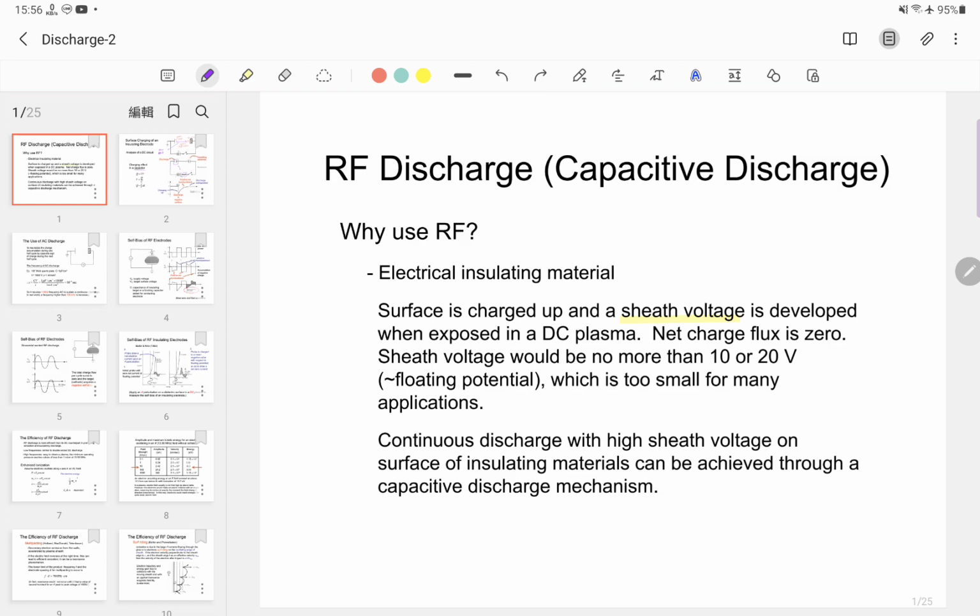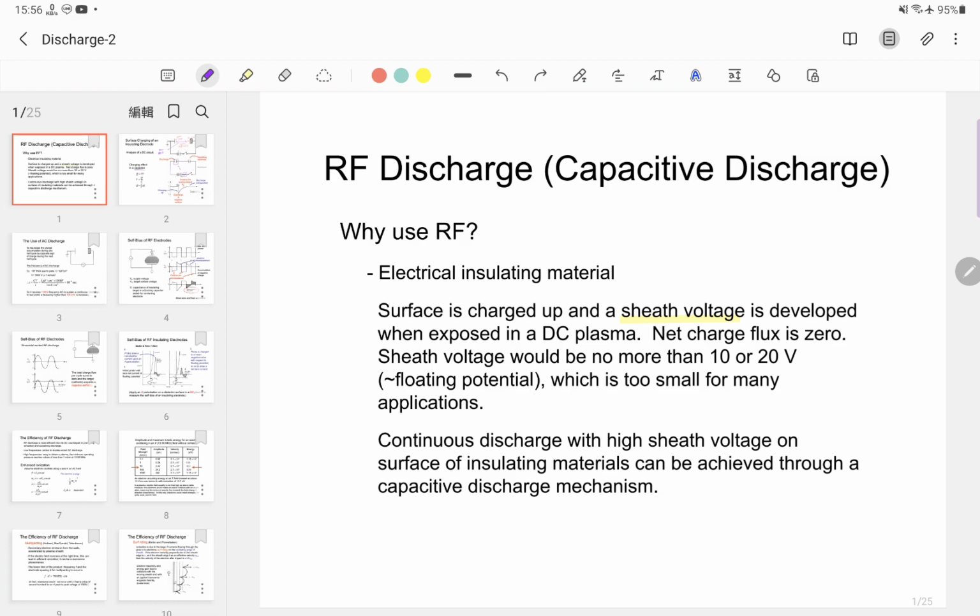The left figure is the circuit of the RF plasma system. The left side is the RF power supply, and one end of the RF output connects to the bottom electrode. And it is also connected to ground.